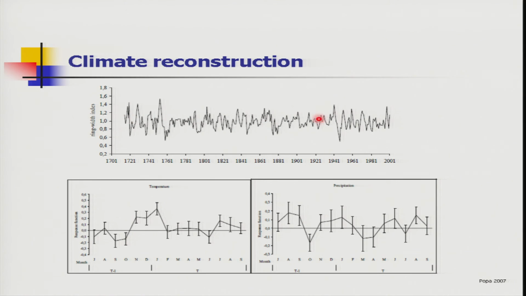But trees or plants provide much longer record, and we can utilize it to reconstruct what climate, what temperature, what precipitation was in the past. The first step is to carry on dendrochronological analysis, just like presented on the previous slides.